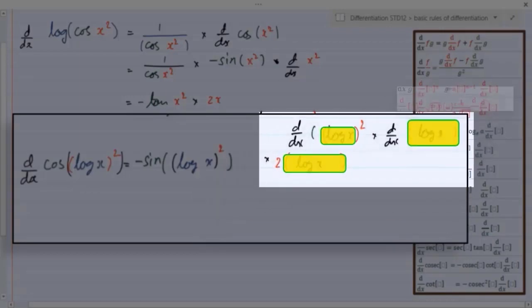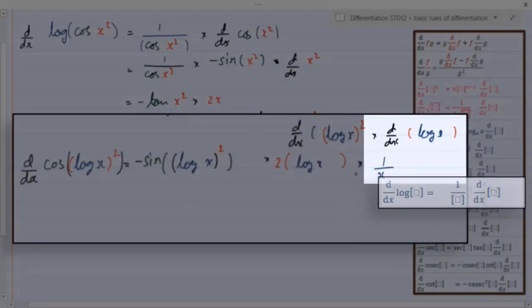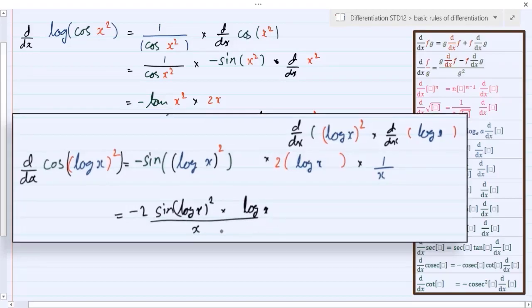Now within the box we have log x, so we just have to multiply the differentiation of log x, which is 1 by x. Here we differentiate in just one step. Your final answer is minus 2 sin (log x) the whole square into log x whole divided by x. Ta-da!